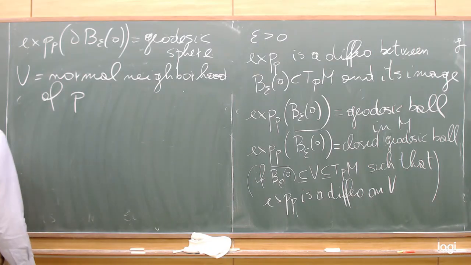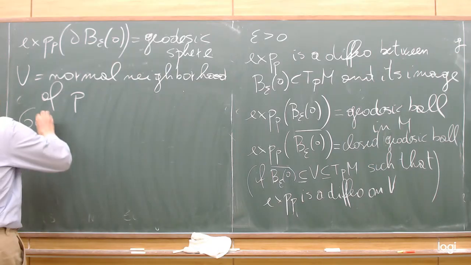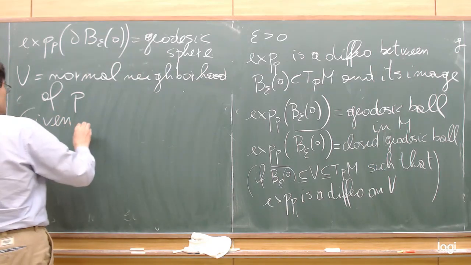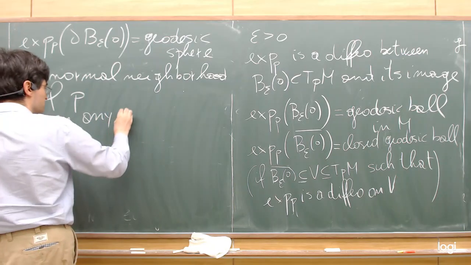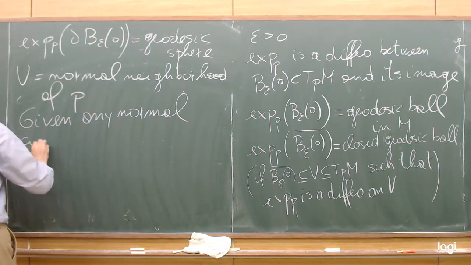Then we can define the radial distance function in terms of normal coordinates.